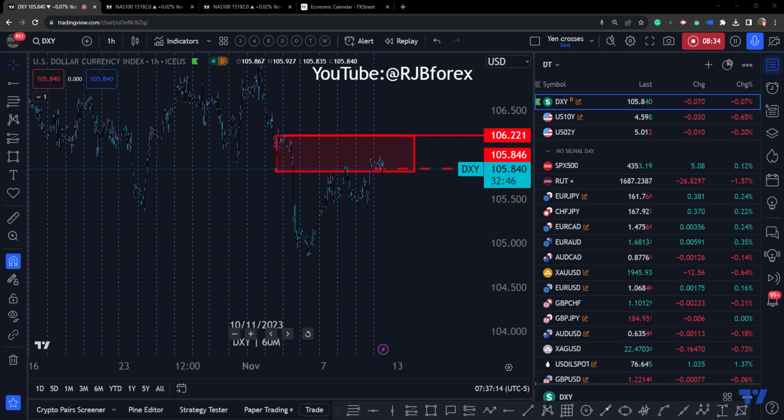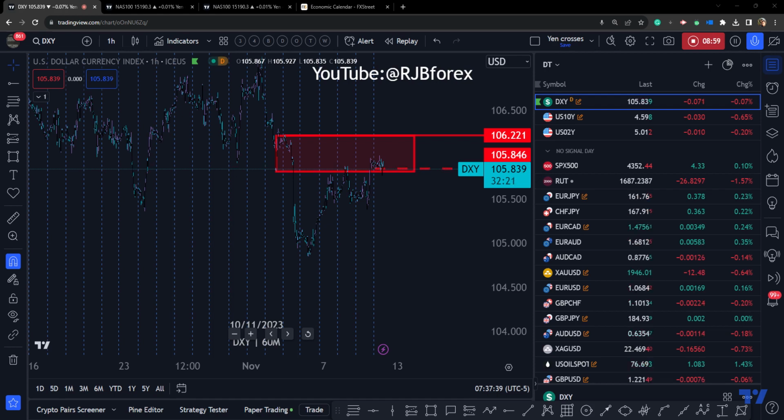All right, so I think that brings us to an end to coverage of the dollar. Overall, the US economy remains fairly robust, and today's data highlight will be the preliminary November University of Michigan consumer sentiment.